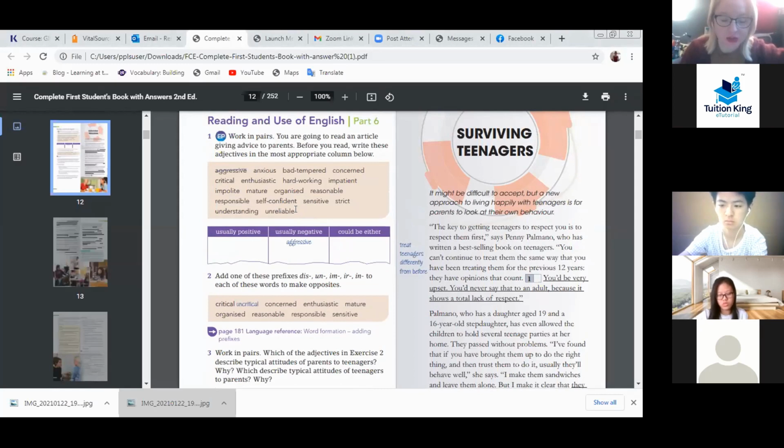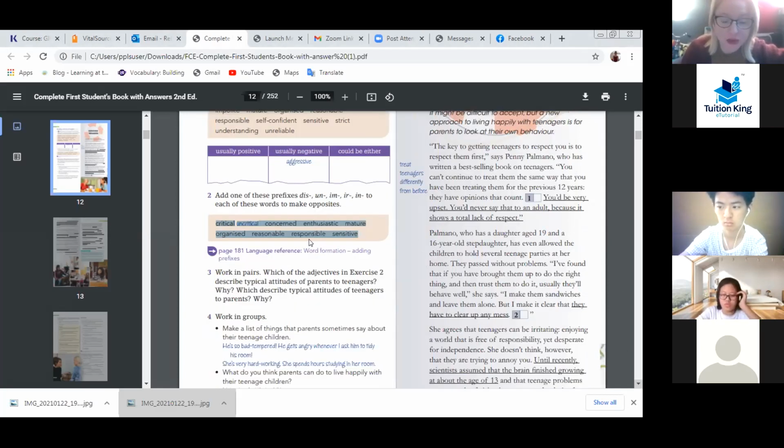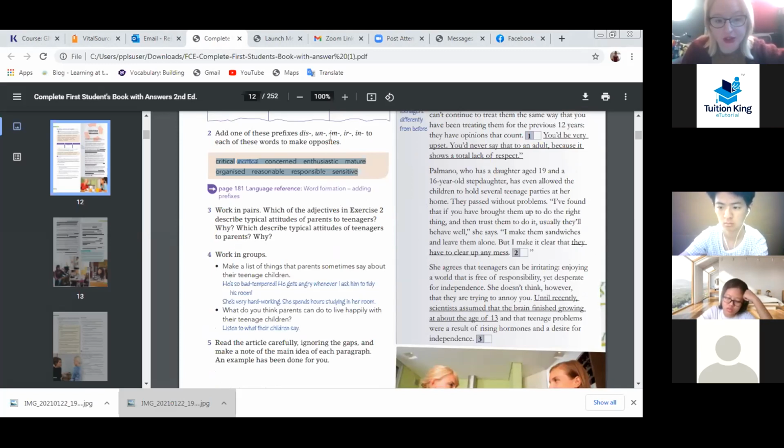So task 2, you're taking all of these words that you put in the table beforehand. Oh, sorry. These words here, sorry, my mistake. Not as many as this box here, down here under this box. My mistake, sorry students, sorry everybody. If you could please use one of the suggested prefixes in order to make the words opposite.